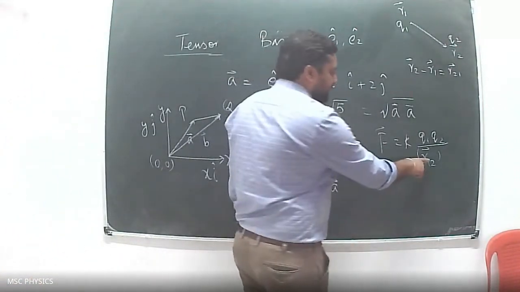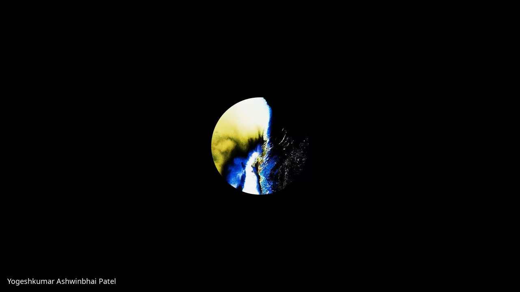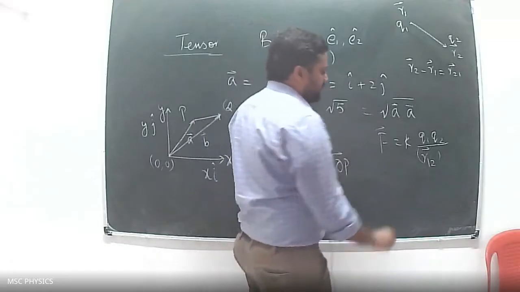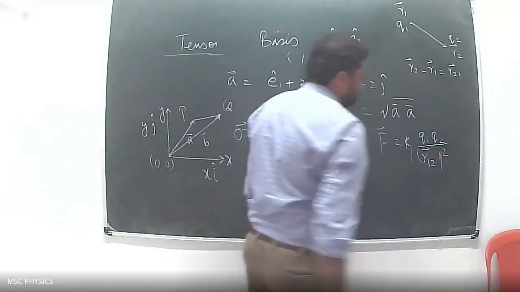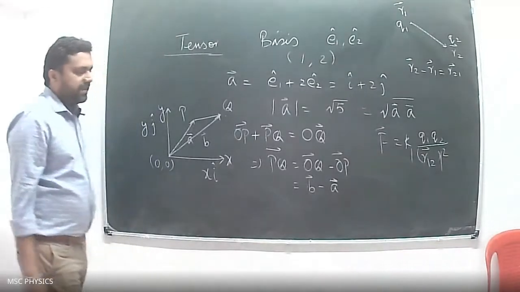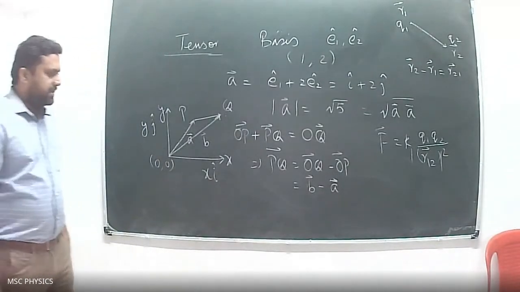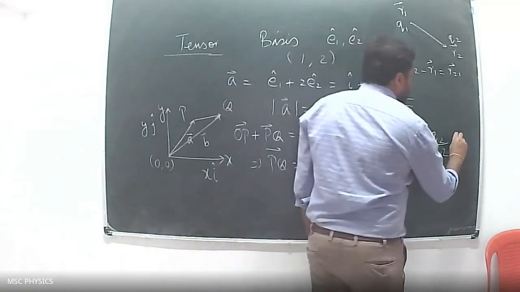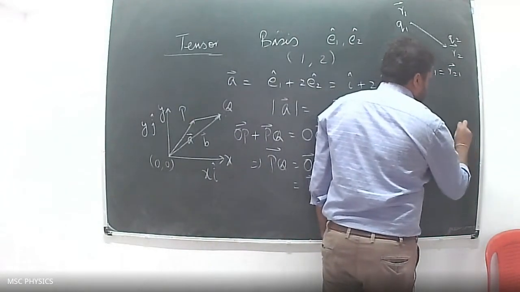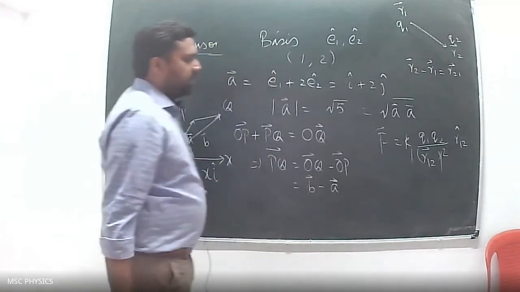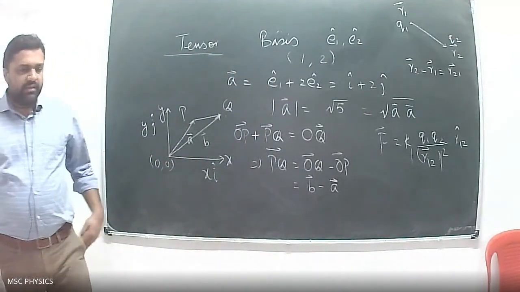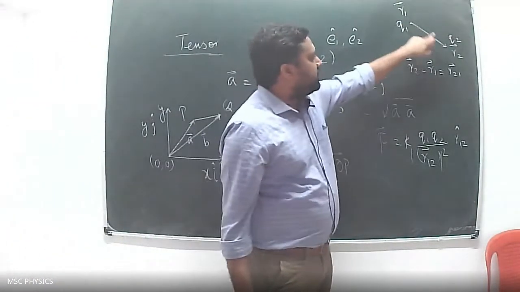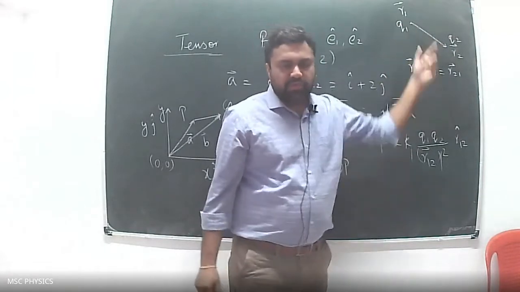But we know the vector can be written as a magnitude times a unit vector. Maybe it will be R12 squared, yes, sorry, square. But now you have to put the directions. So what will be the direction of the force? So that will be R12, this unit vector. So which force is this? Is this force on Q1 due to Q2 or is it on Q2 due to Q1?